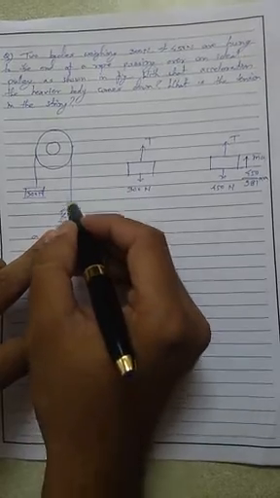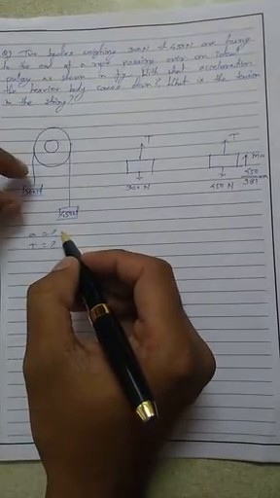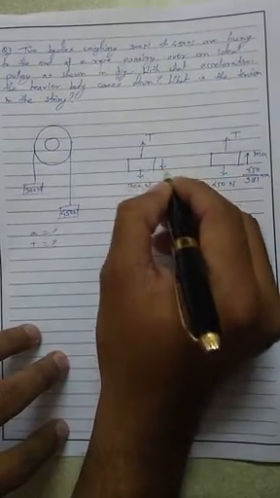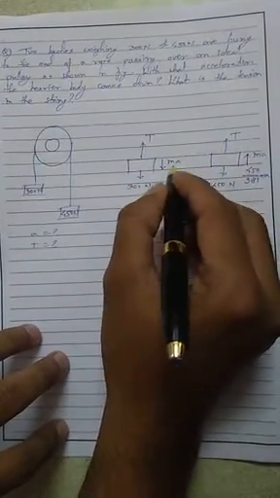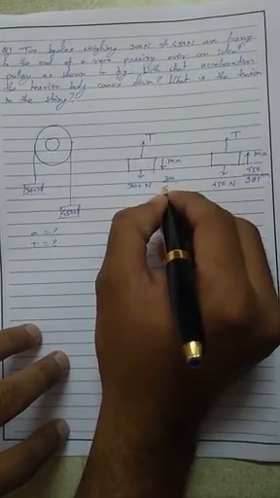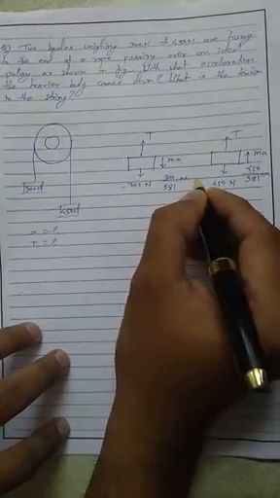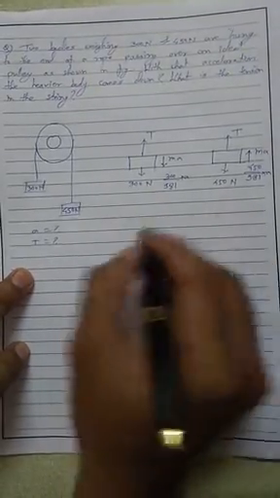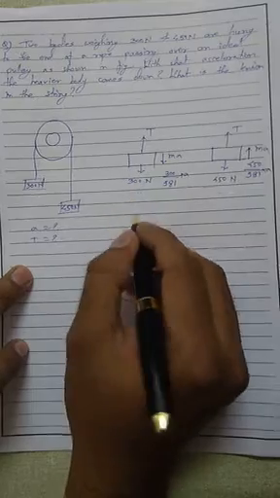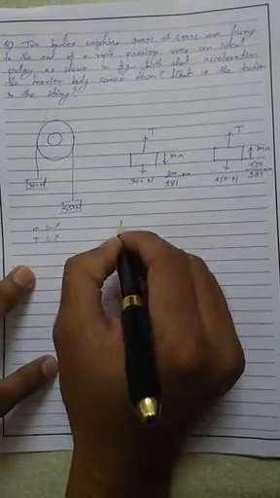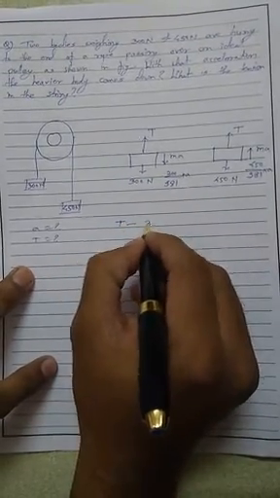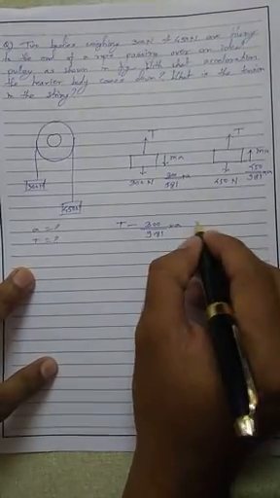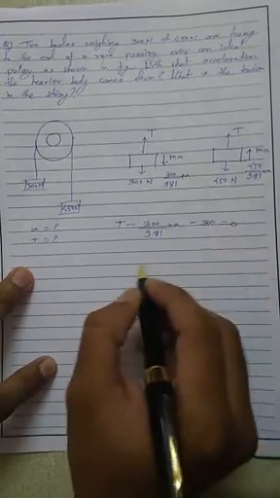As the 450 Newton block moves downward, the 300 Newton block will move upward. To keep it in equilibrium, we apply the D'Alembert's force or inertia force as 300 divided by 9.81 multiplied by A. We apply the equilibrium condition first for the 300 Newton block: upward T positive, minus 300 divided by 9.81 into A, minus the weight 300, equal to 0.